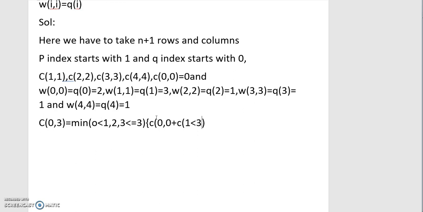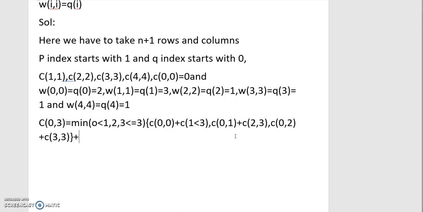Next, take K value as 2. So C of 0 comma K minus 1 means 0 comma 1, plus C of K comma J, that is 2 comma 3. Then take K value as 3, so 3 minus 1 is 2, plus C of K comma J, 3 comma 3.